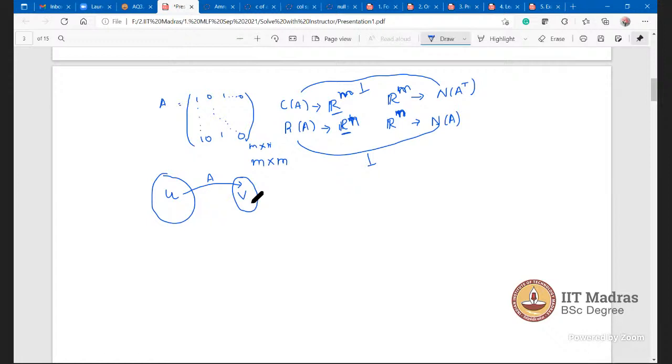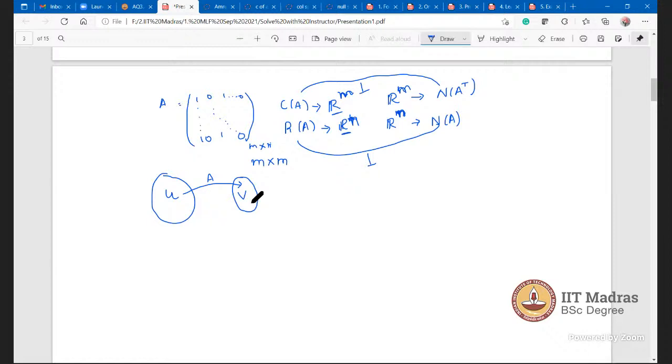Where does the null space of A fit in here? See, in my mind, if column space of A is representing V, then my statement was wrong.